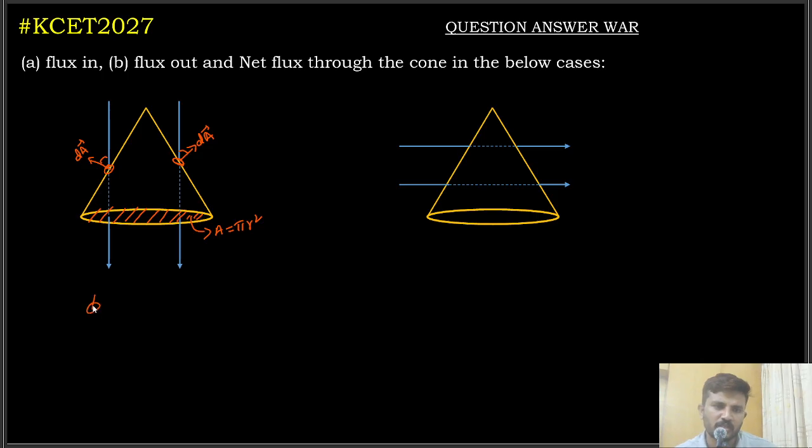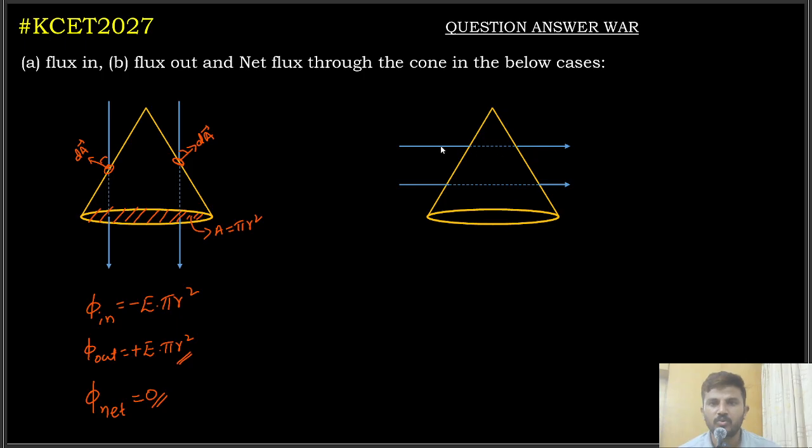Flux in is taken negative: minus E, the electric field, into area pi r square. Flux out is written as positive E into area pi r square. And net flux will be flux in plus flux out, which will always be 0 here for a closed surface.